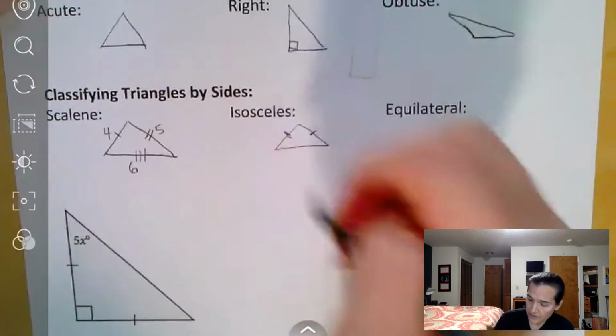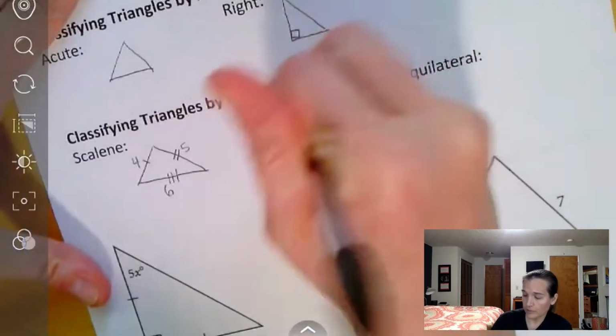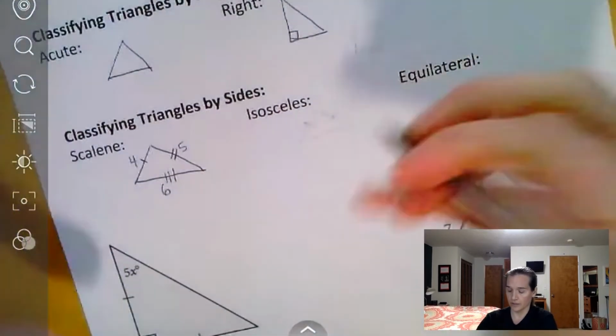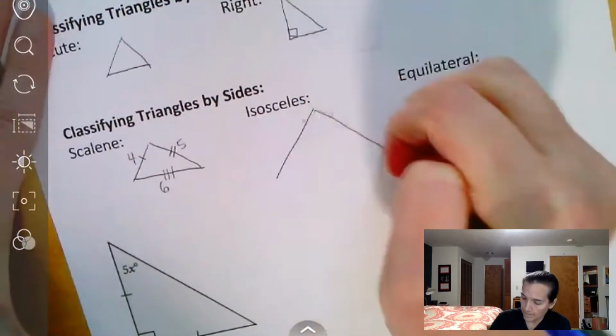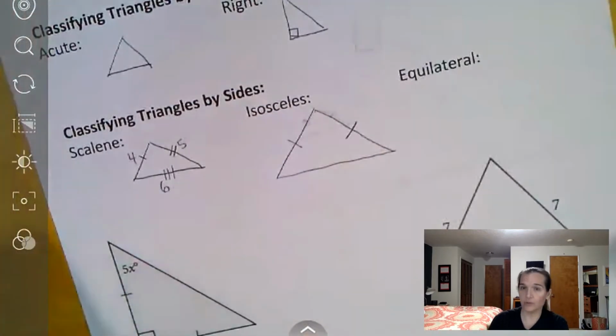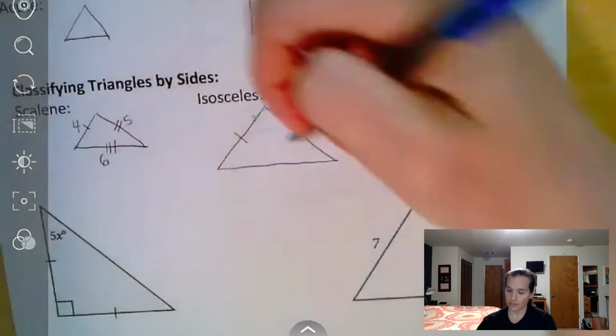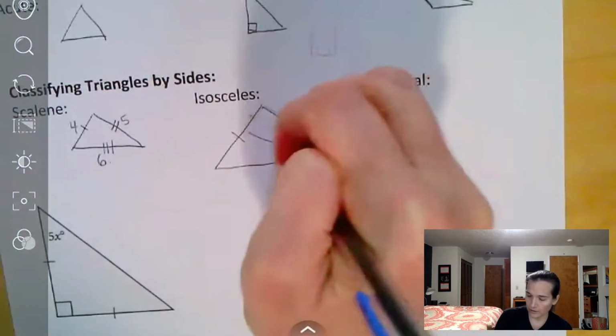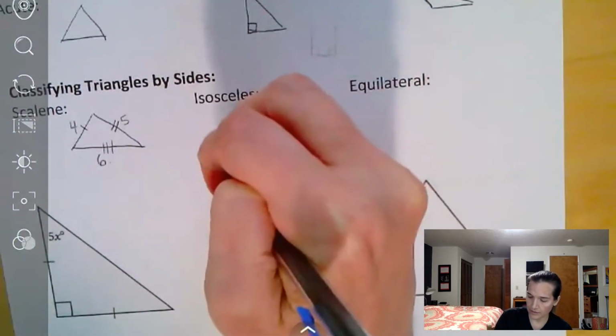And these isosceles triangles have a pretty special feature. I'm going to draw this a lot bigger. If this side is equal to this side, there's something special in that the angles across from it are exactly the same size as well.